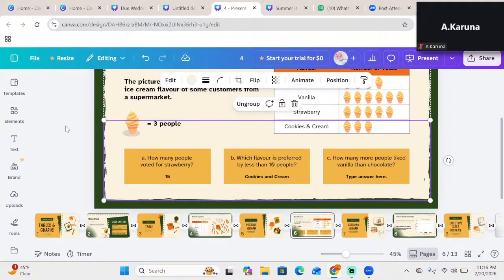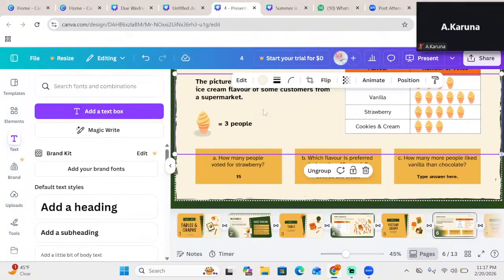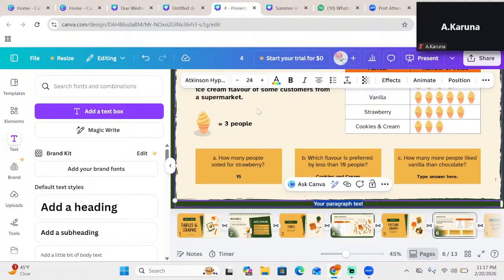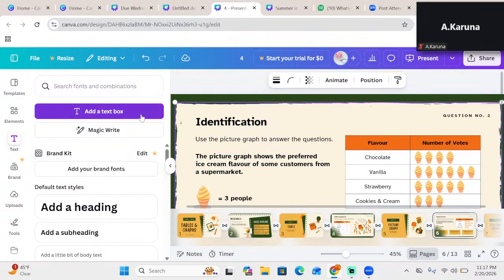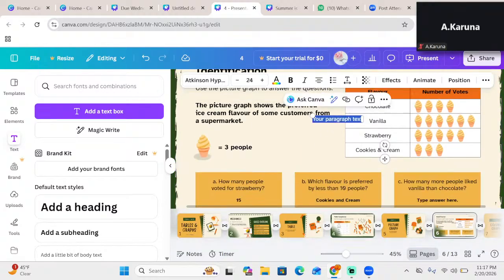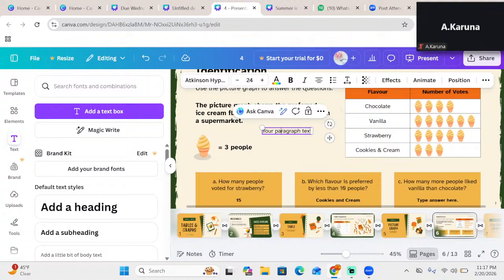Well, let's do a quick thing right here. So it's asking how many more people liked vanilla than chocolate. Well, how many people did we say vanilla was? 6 times 3 was, right?